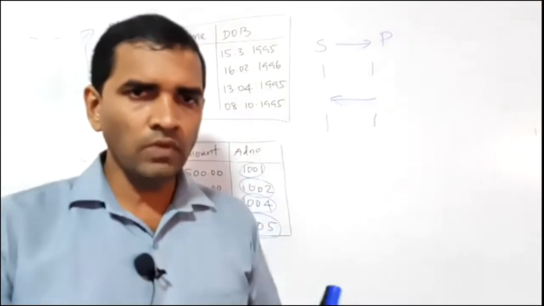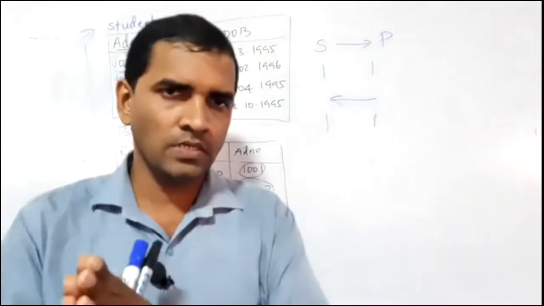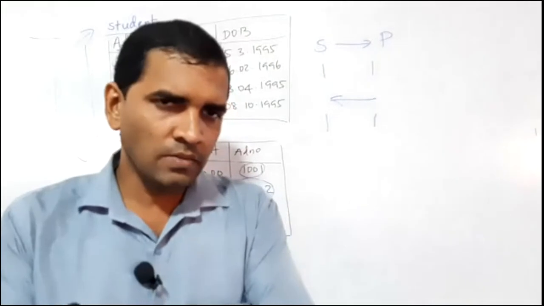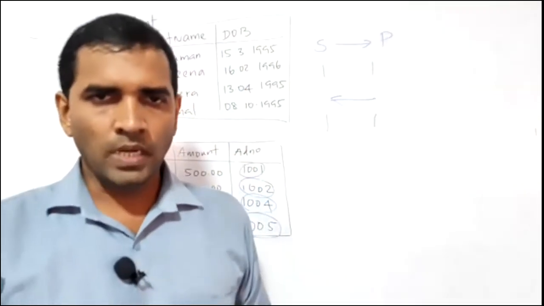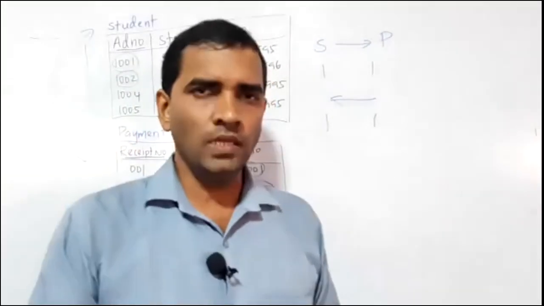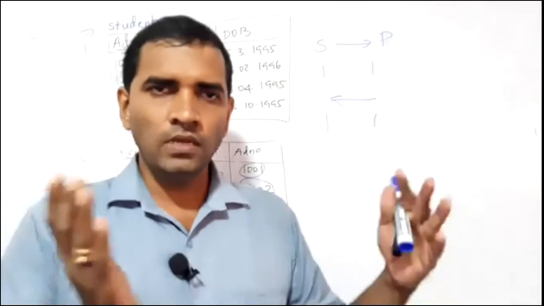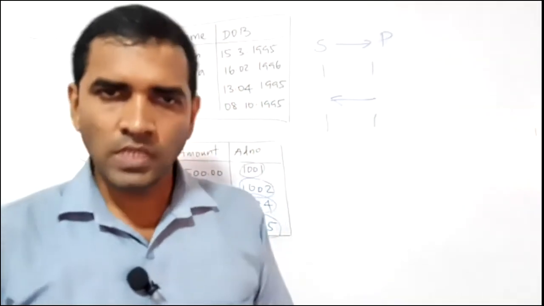So generally we define that one data in the first table has only one data in the second table. One data in the second table should have only one data in the first. This is the common definition. But this definition gets more or special meaning when it comes to tables, right?